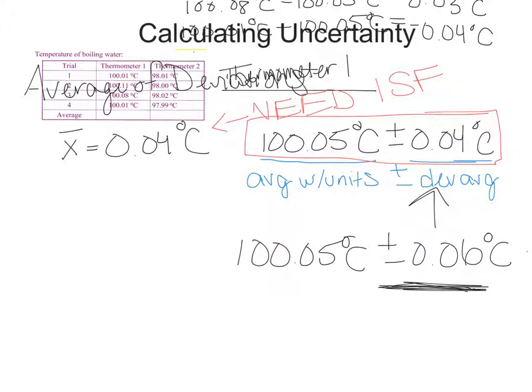That means there's going to be a larger spread in my data and therefore more uncertainty. So when you're looking at uncertainty, always look at just this last number. The larger the number, the more uncertain it is.